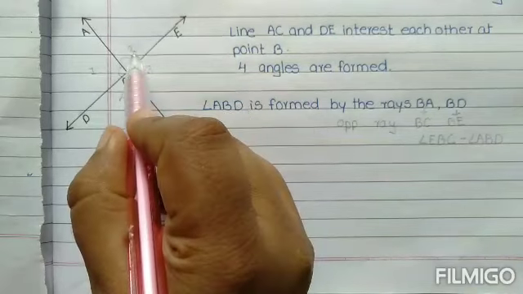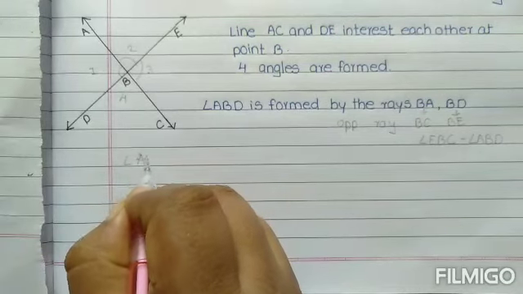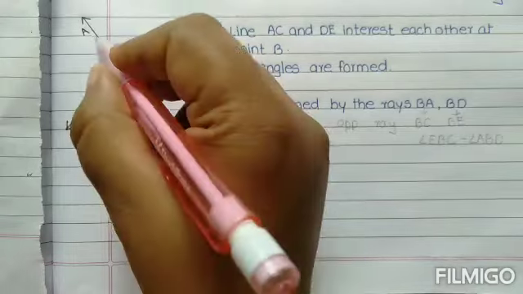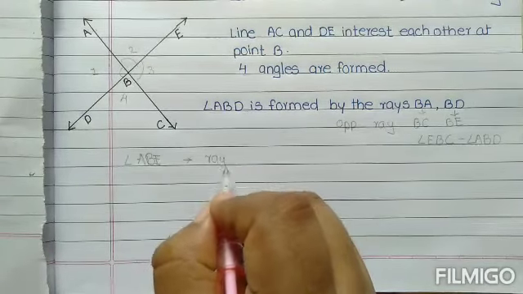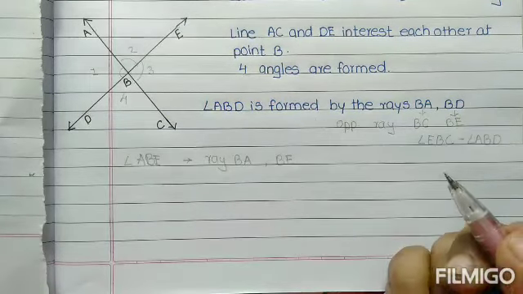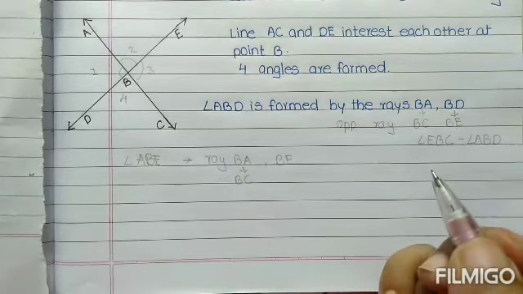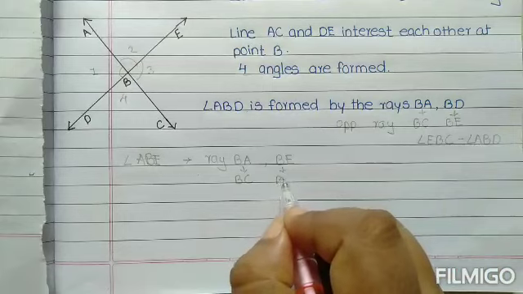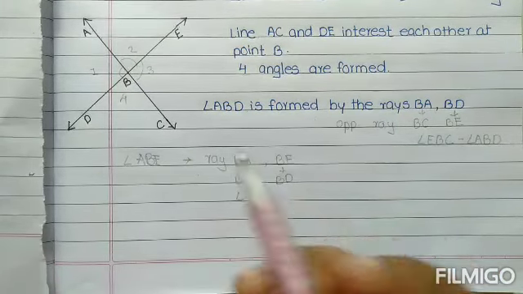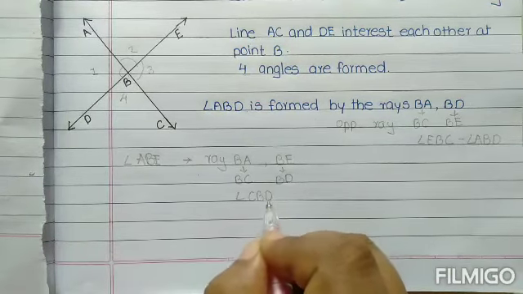Now let us see angle ABE. It is formed by the rays BA and BE. What is the opposite ray to BA? BC. The opposite ray to BE is BD. So it forms the angle CBD.